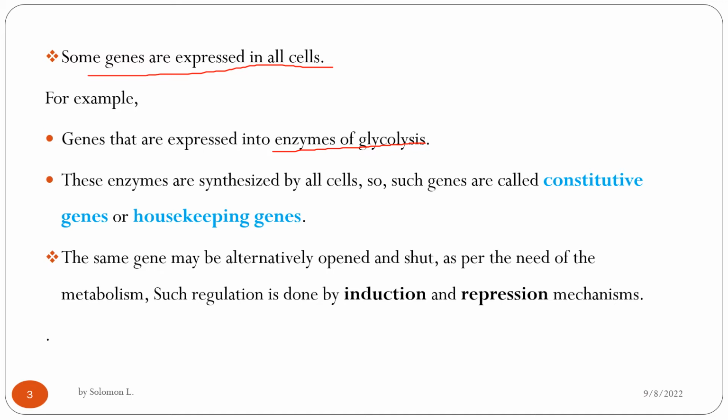So these enzymes are formed from genes that are expressed in their respective enzymes in all the cells, because glycolysis occurs in all the cells of the body. Such types of genes are known as constitutive genes, or they are also known as housekeeping genes.